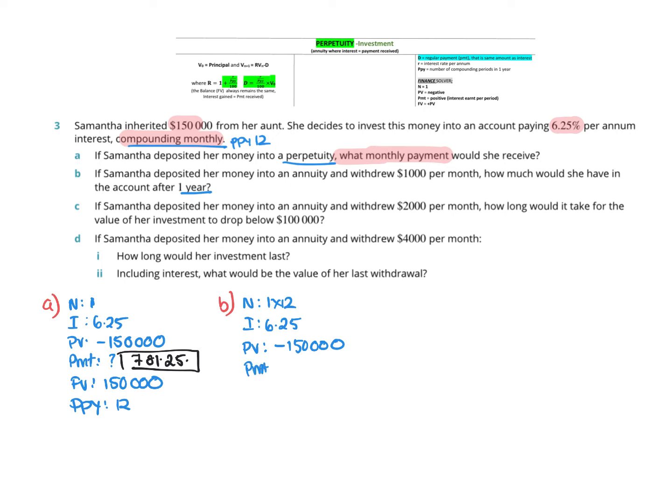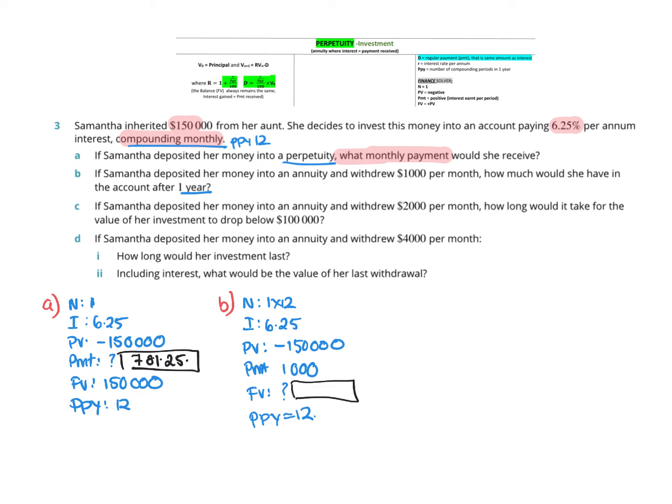Payment is if she withdrew 1,000 per month. So remember the payment will be positive 1,000, and FV is the question. So how much will she still have? And PPY is 12. So we'll pop that one in and we'll get our answer for that.